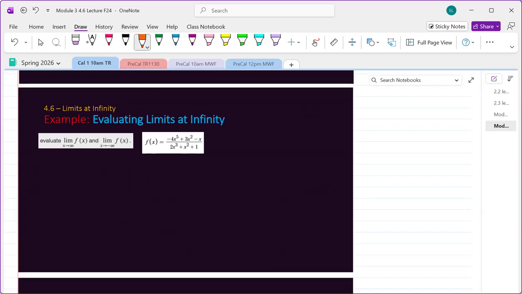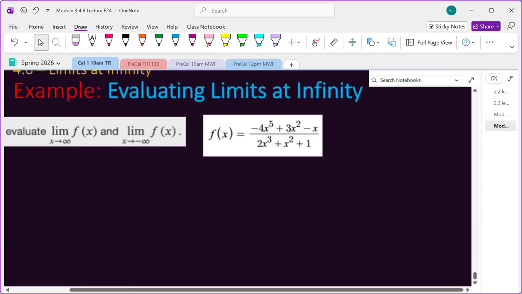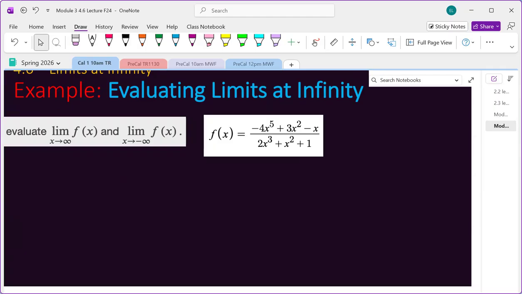So now when we look at this one, they're asking us to evaluate the limit as x goes to positive infinity and the limit as x goes to negative infinity of this rational function, polynomial over polynomial. So our negative 4x to the 5th is our highest power term on top. 2x cubed is our highest power term on the bottom.